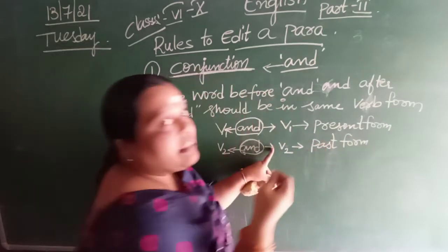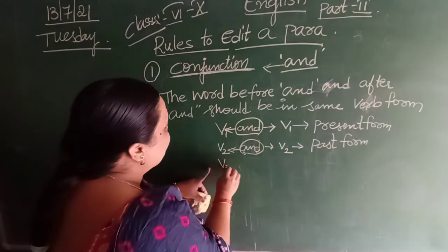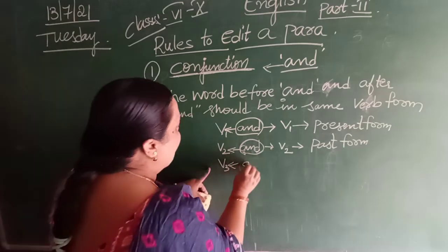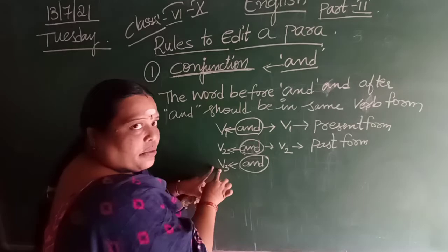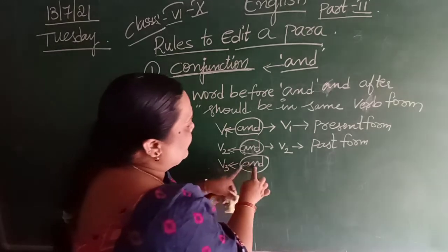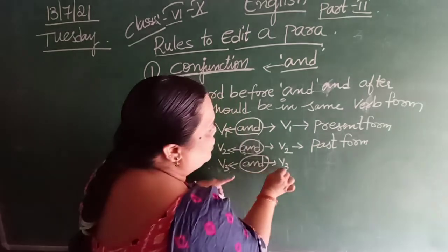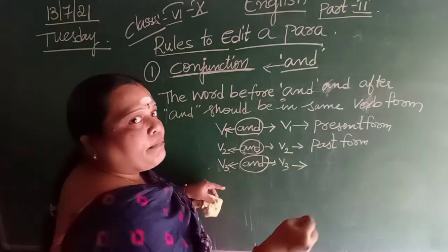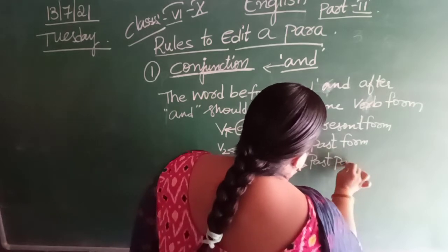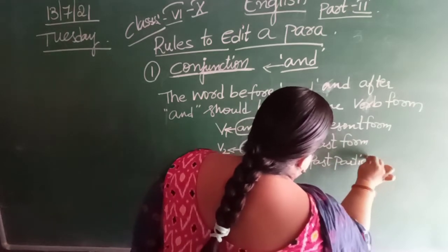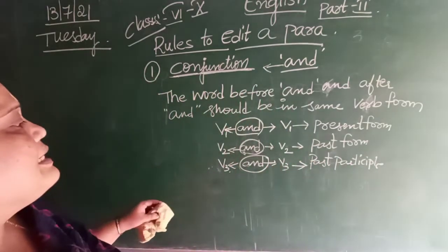Okay, past form. Similarly, if we are taking V3 form before and, we have to take V3 form after and also. So this is past participle. Okay, V3 form means past participle.